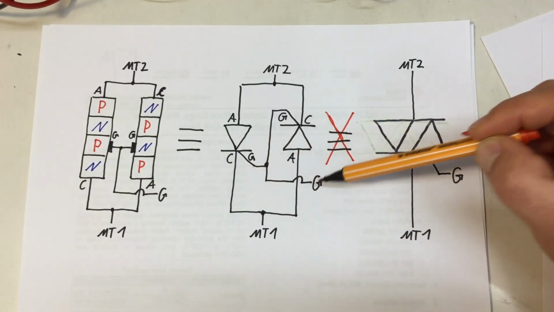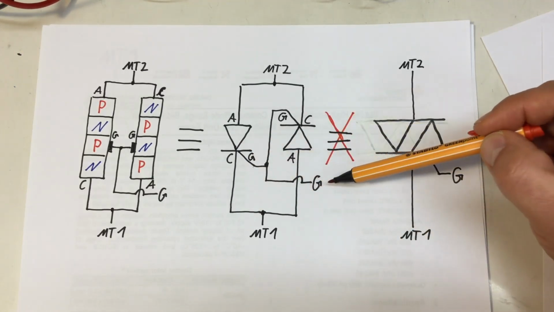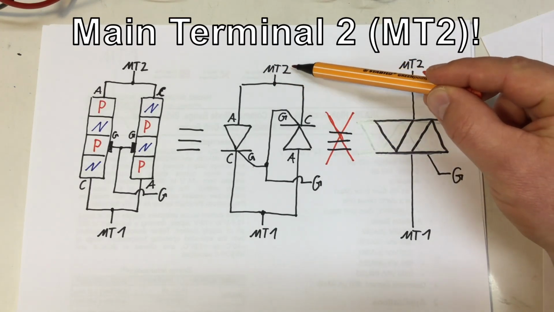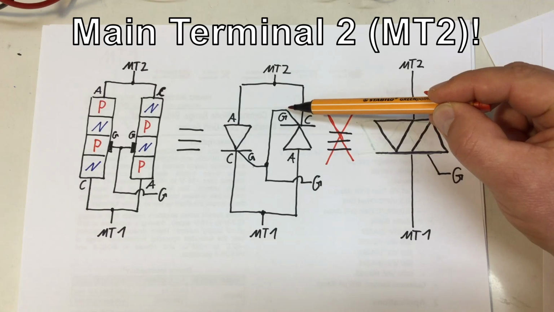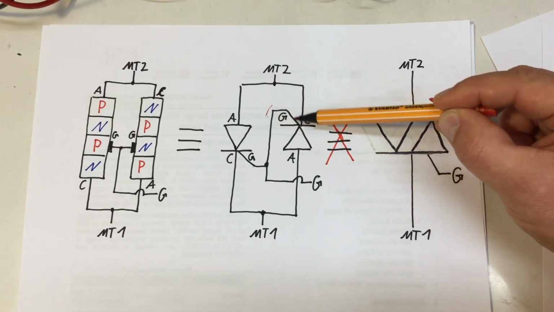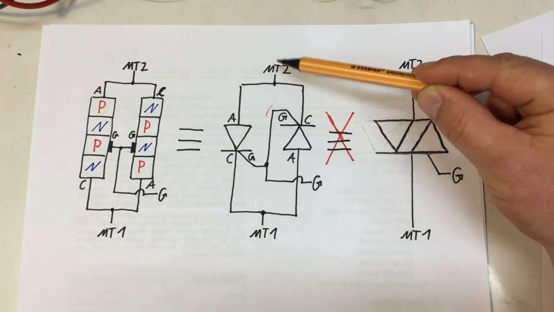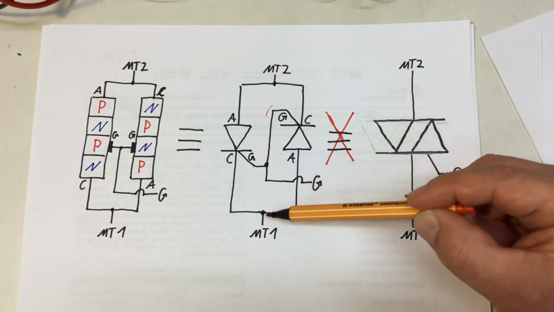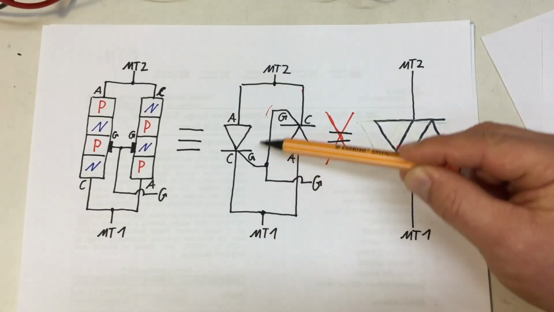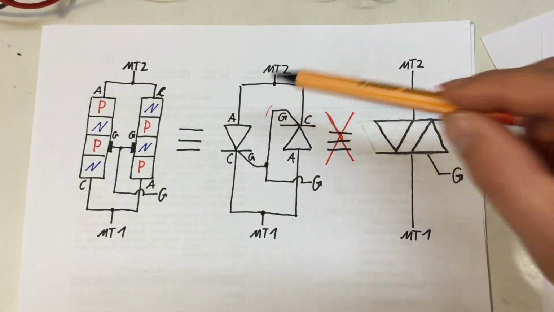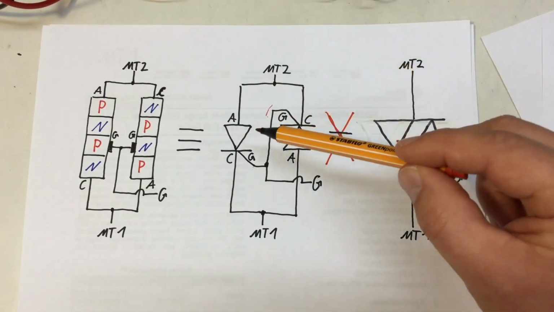That's not working. If our main terminal 1 is negative, we would need a positive pulse, yeah, flowing here to main terminal 2. And remember, if our current source for the gate is connected here, this is bullshit. This is simply not working.